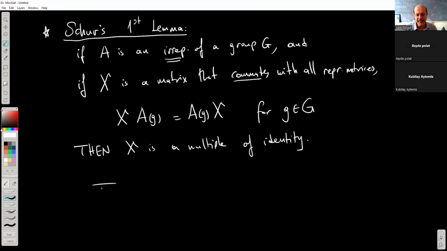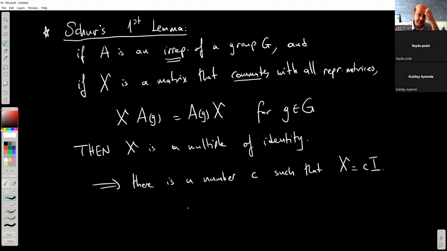This means there is a number C such that X is equal to C times identity. So only the identity, up to a multiple, commutes with all representation matrices of an irreducible representation. If it's reducible, then this is not true. Let's keep this in mind.